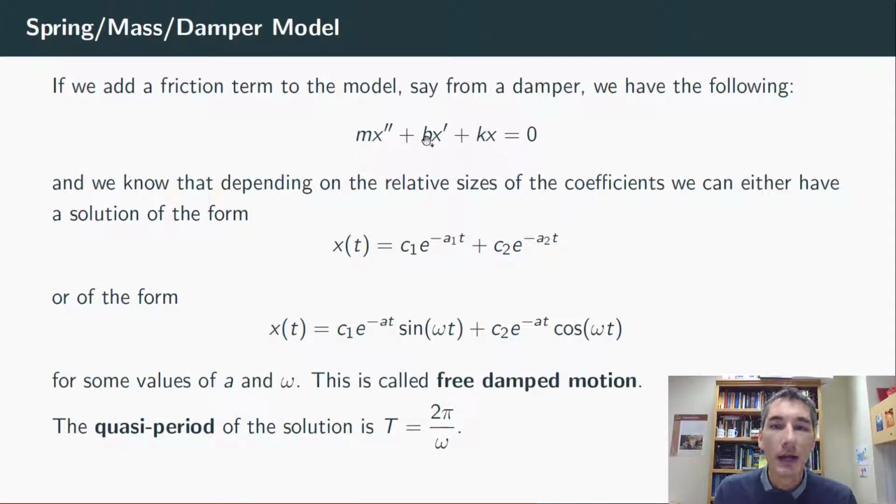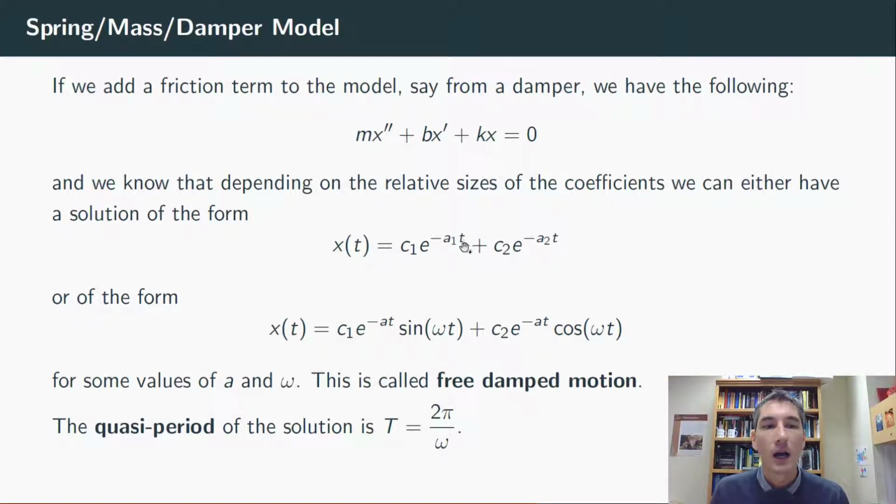Okay, and then we've seen before as well, when you run this through the characteristic equation, you get a quadratic. If you put that in the quadratic formula, you can get either two real roots or two complex roots. And in the two real roots case, you just get decaying exponential functions.